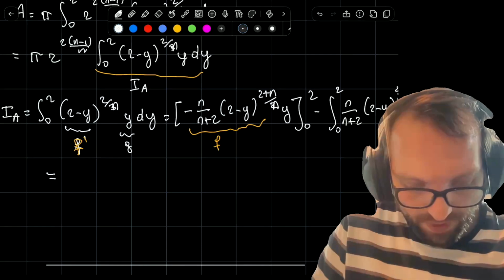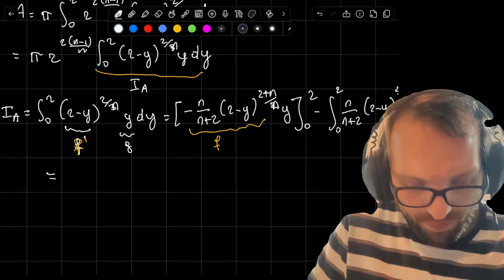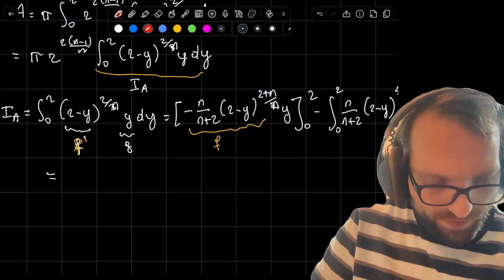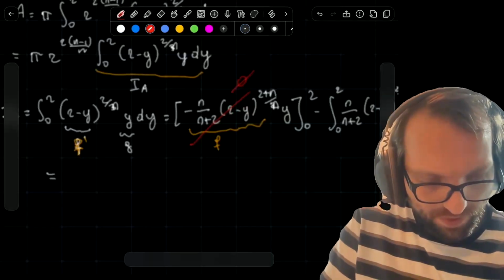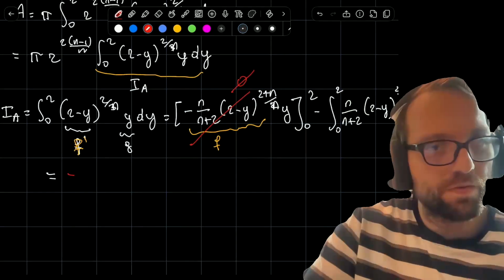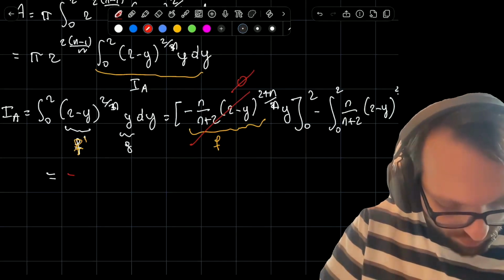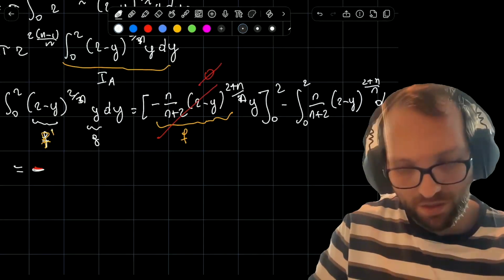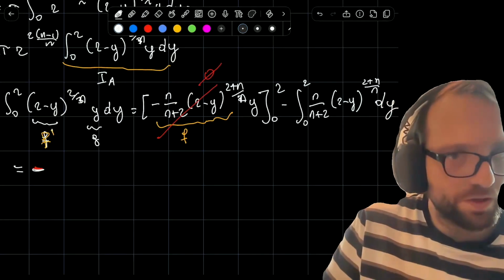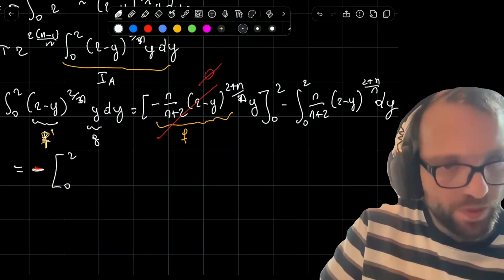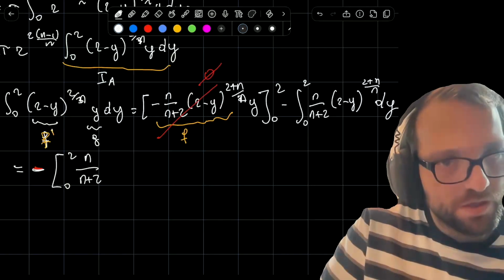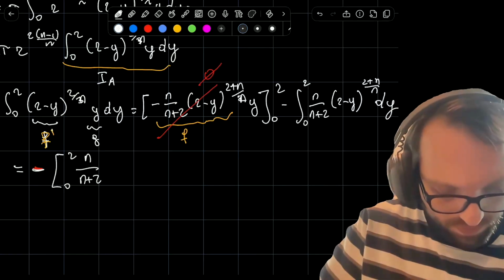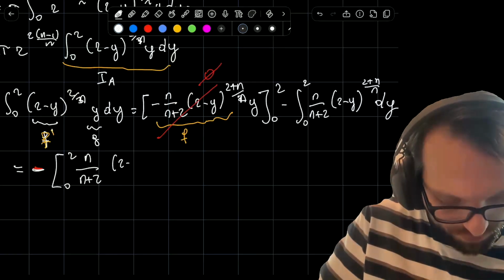Now what we can see here is that when y is r, this becomes 0, and when y is 0, this becomes 0. So this is always 0, and we only have the second part here. This one is easy to integrate because it's simply a power, but we need to remember that. So let's do it step by step.